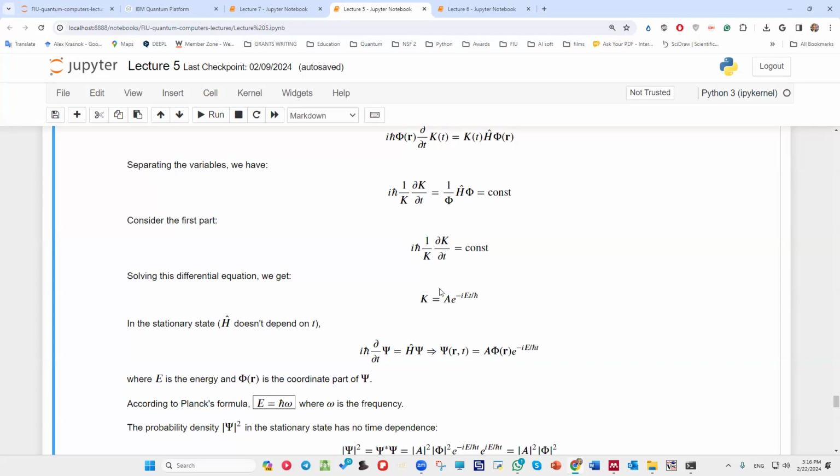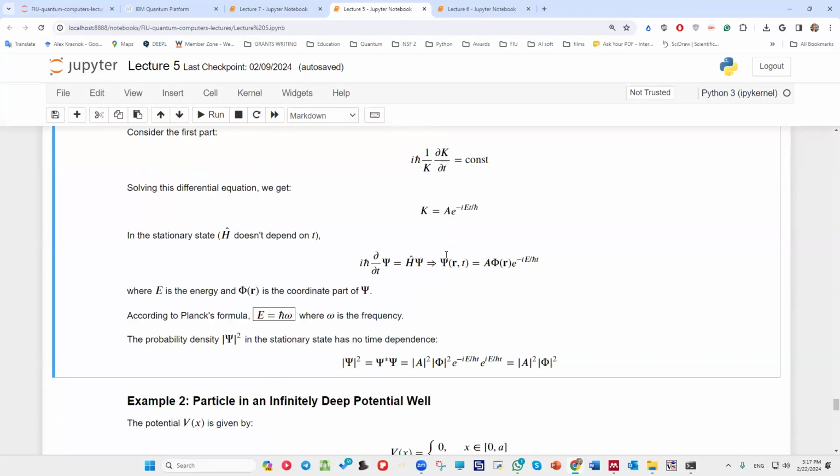The solution for the temporal one is the monochromatic wave, e to the power of minus i energy times t over h bar. So it's a monochromatic, or basically sinusoidal, oscillatory type of solution.